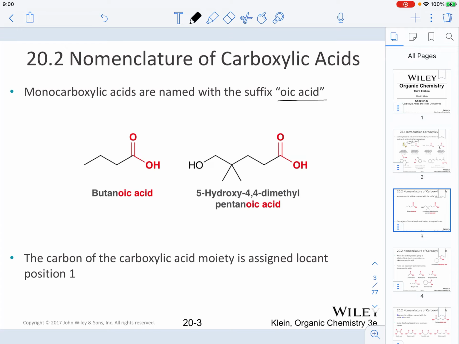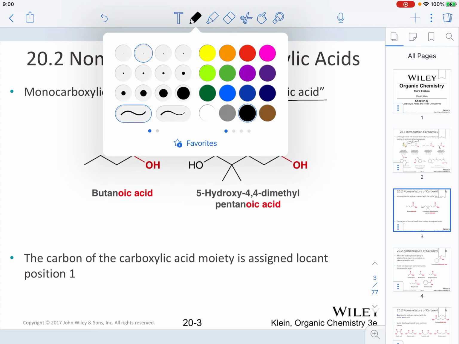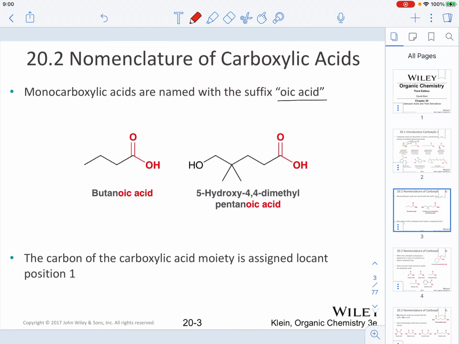So the priority in the numbering is the carbon atom that is double bonded to oxygen and single bonded to OH. If I designate the numbering, this is carbon 1, carbon 2, 3, 4.